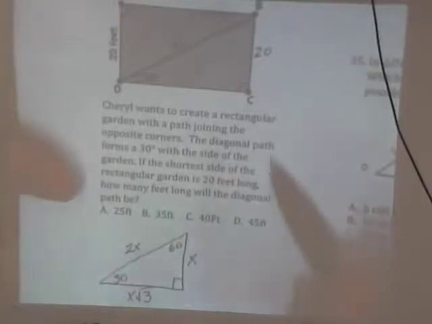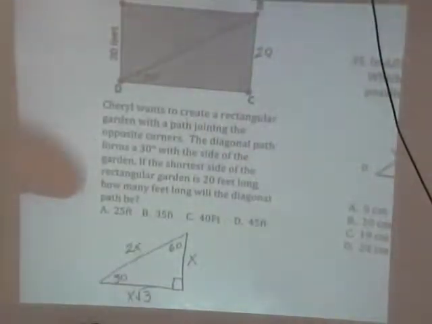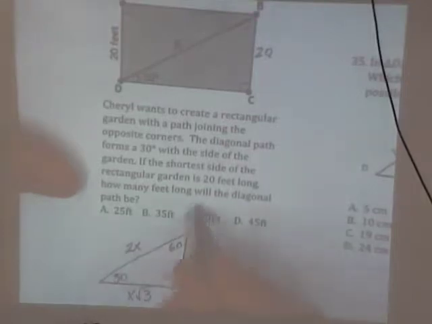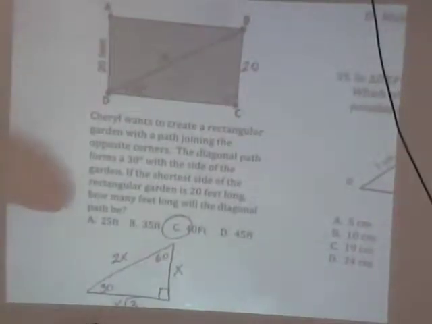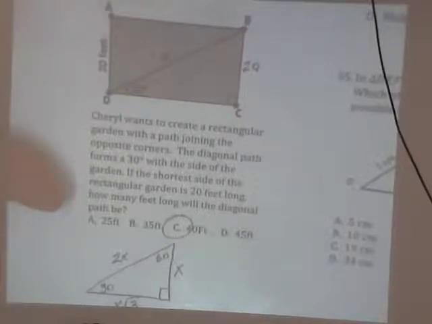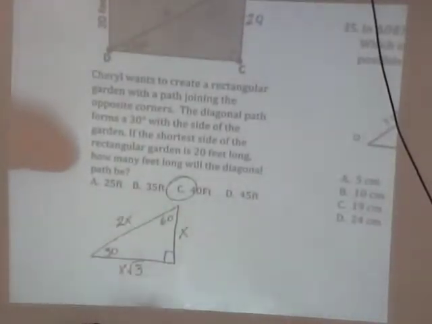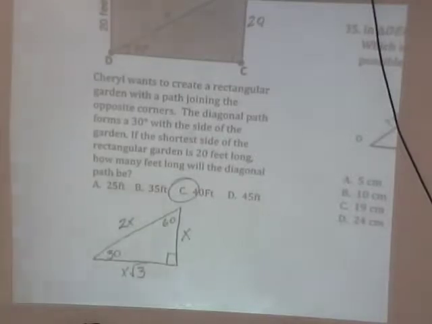So, if this is 20, how long would the hypotenuse be? 40, right? 2 times the short leg gives me the hypotenuse. Any questions on 33? So you need to memorize this. Hope you wrote this down, drew it. Put a star next to it, highlighted something.